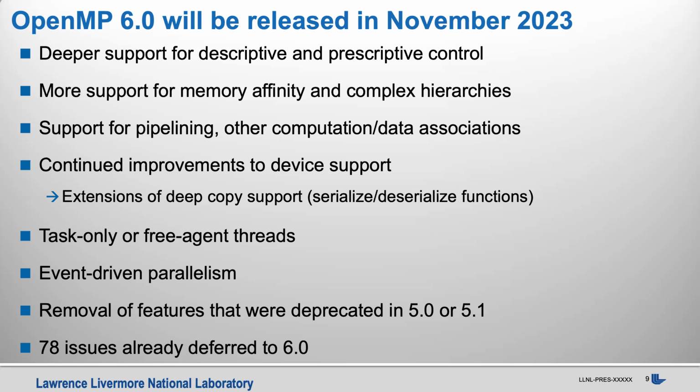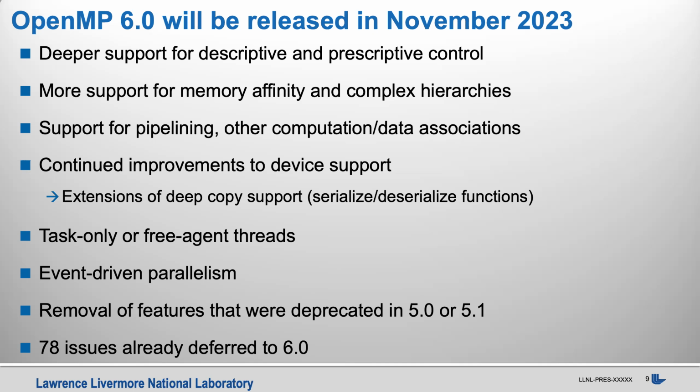This includes things like deeper control of exactly how prescriptive specific clauses or constructs are. For example, we may provide a way to cause your execution of a parallel region to generate exactly some number of threads.